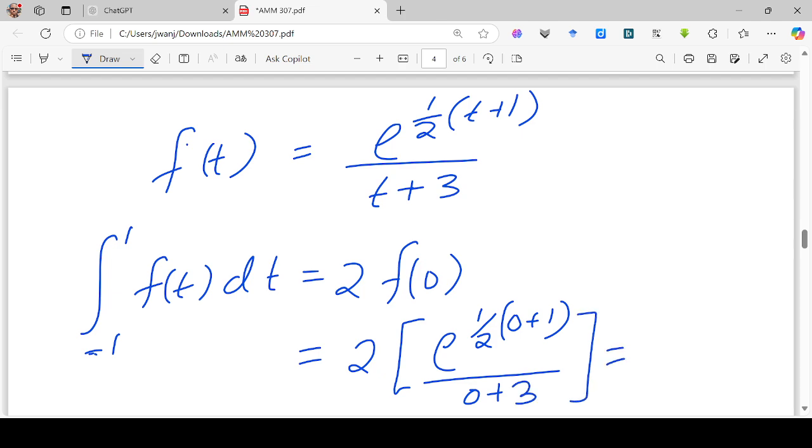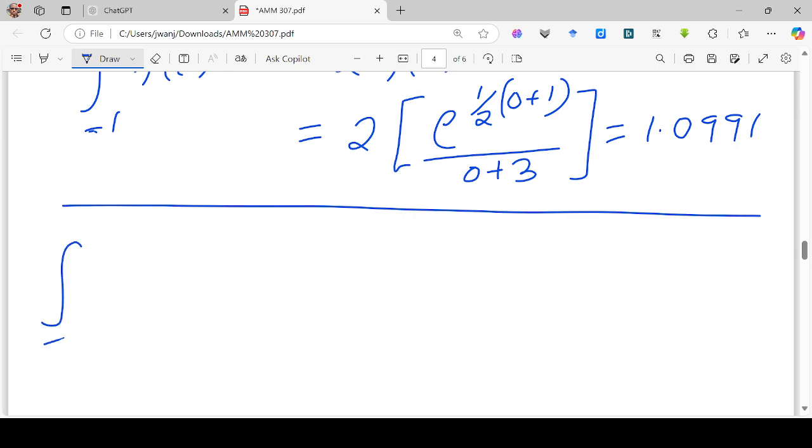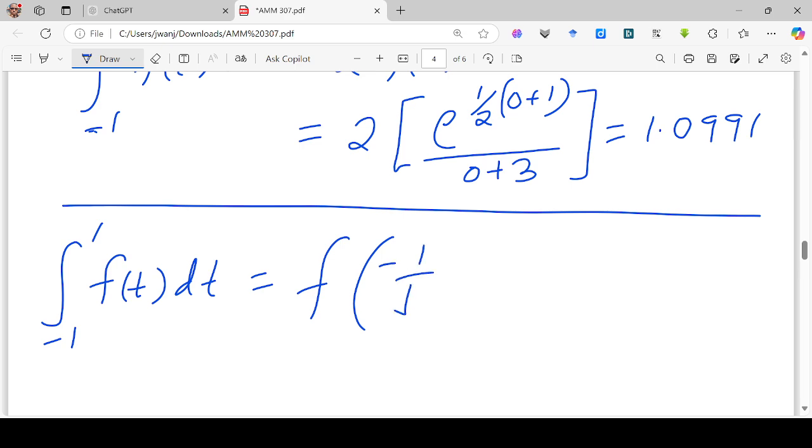When we work this out, we get the value 1.0991. If we use the 2-point method, the integral from -1 to 1 of f(t) dt is equal to f(-1 over the square root of 3) plus f(1 over the square root of 3).